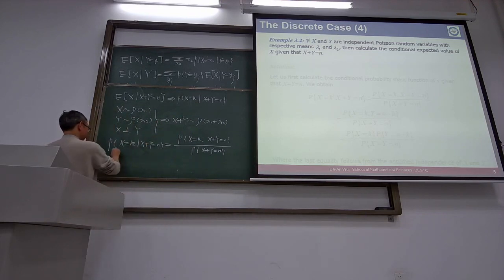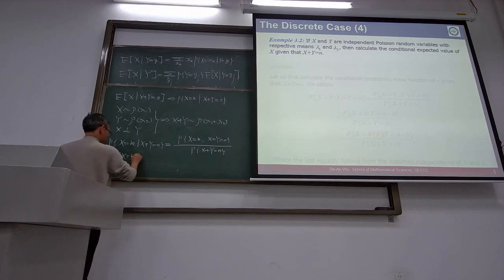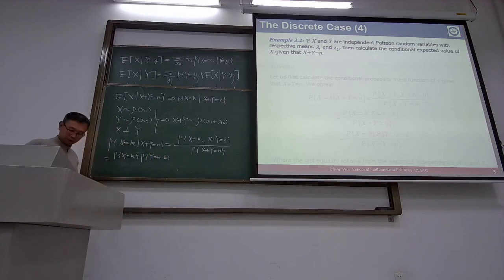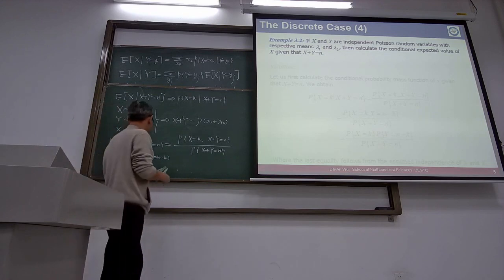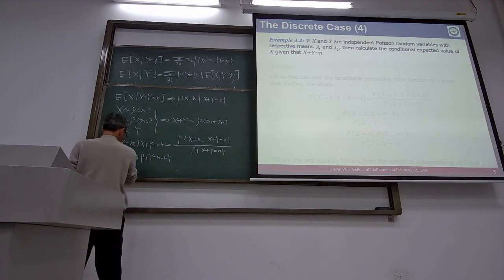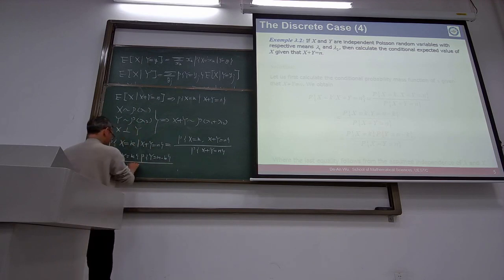This gives the probability that X equals k, and they are independent, so Y equals n minus k, over the probability that X plus Y equals n, the new Poisson.